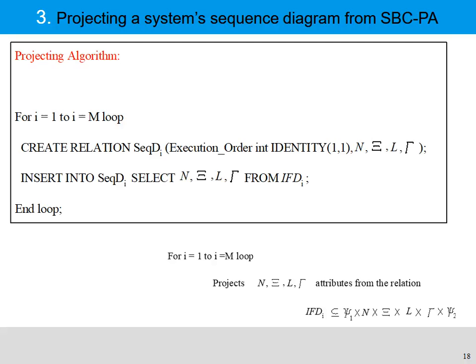The second step, we will insert a new record into this sequence diagram relation by selecting 4 attributes from the IFD relation. And each IFD relation will have 6 attributes.